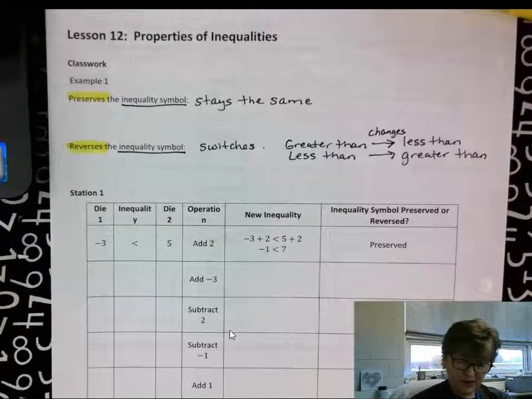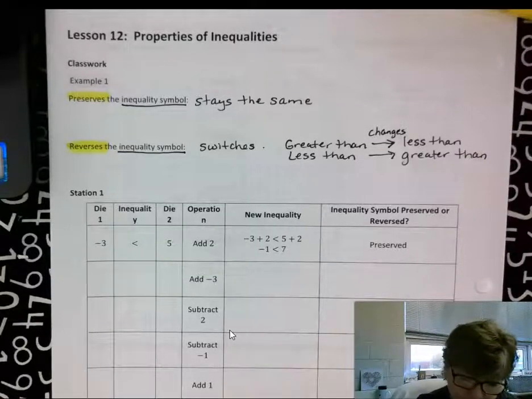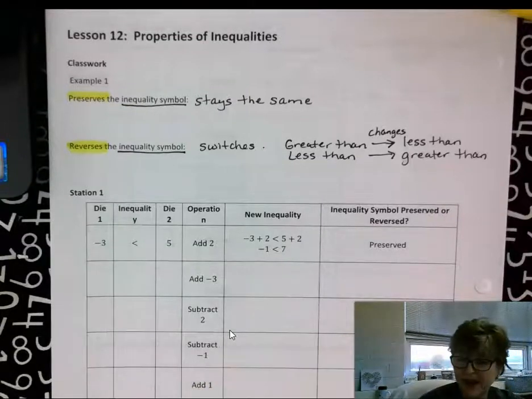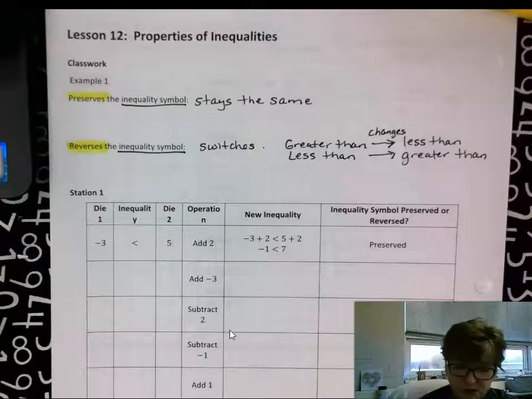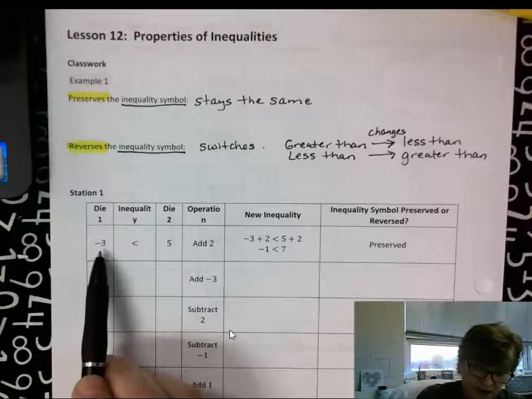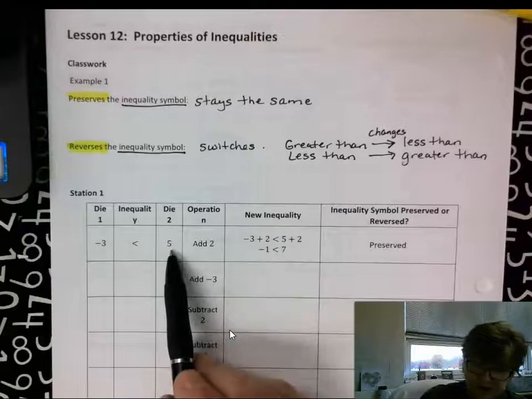So we're going to take a look down here at this first one, and we're just kind of going to do some investigating, put on our math investigative hats. And it's supposed to be a dice game, but since we're not together in person doing this, we'll take a look at it here. If you take a look at this first one, I have the number -3 and the number 5.